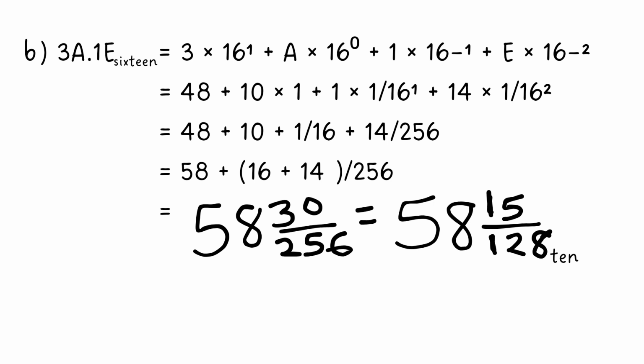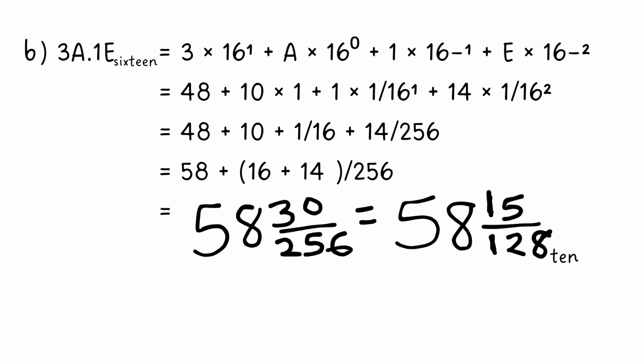To convert 38.1E from base 16 to base 10, we have 3 times 16 raised to power 1 plus 8 times 16 raised to power 0 plus 1 times 16 raised to power minus 1 plus E times 16 raised to power minus 2. And then we have 48 plus 10 times 1 plus 1 times 1 over 16 raised to power 1 plus 14 times 1 over 16 raised to power 2.